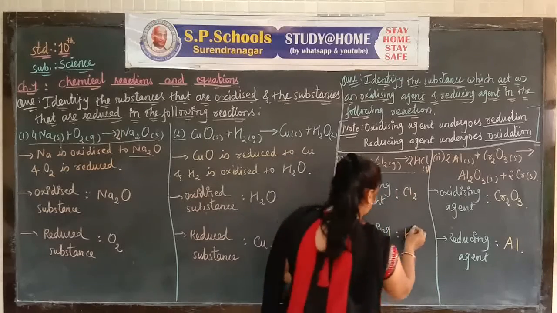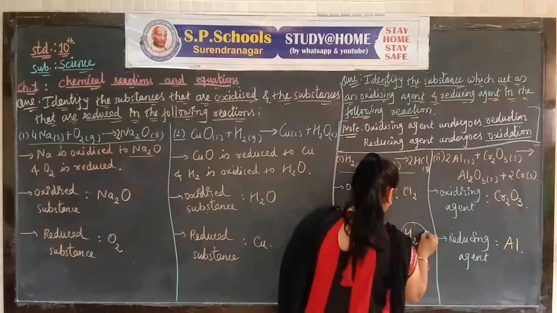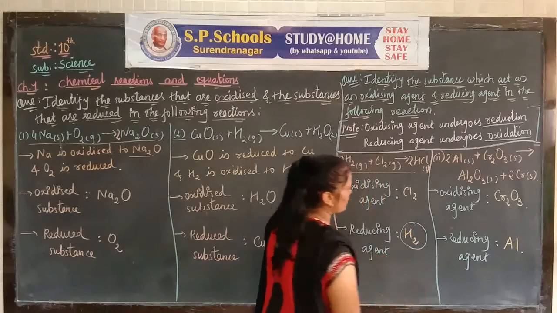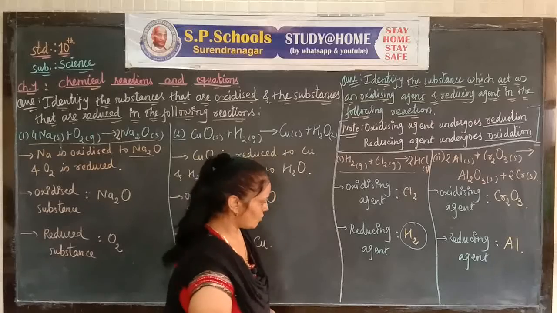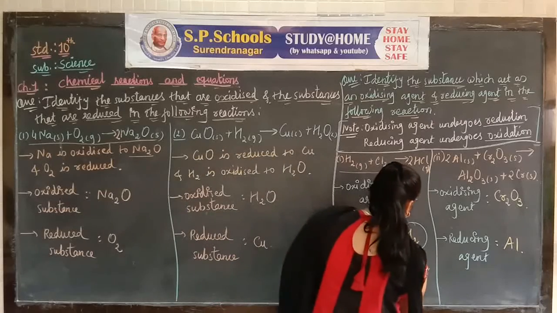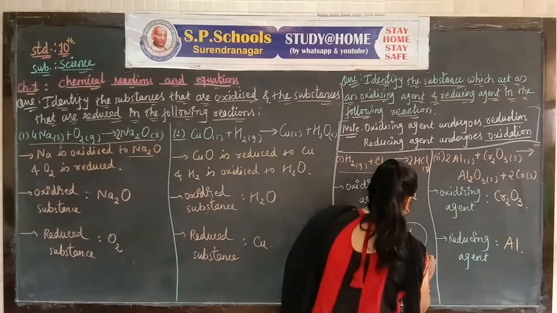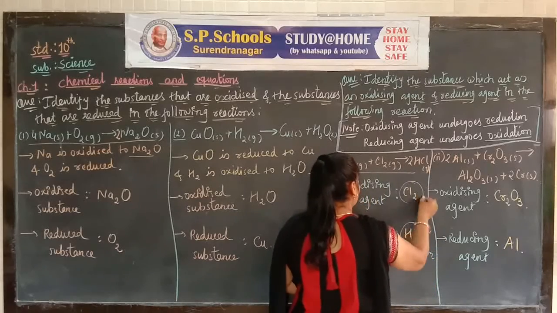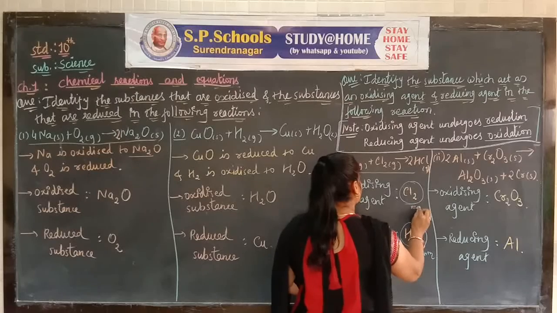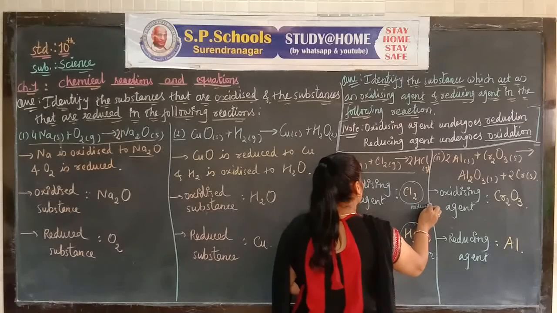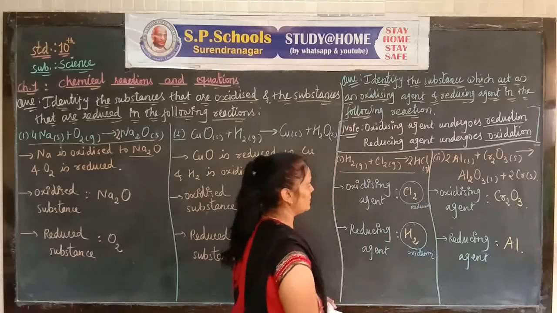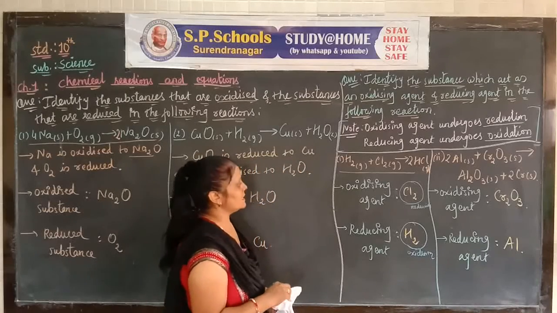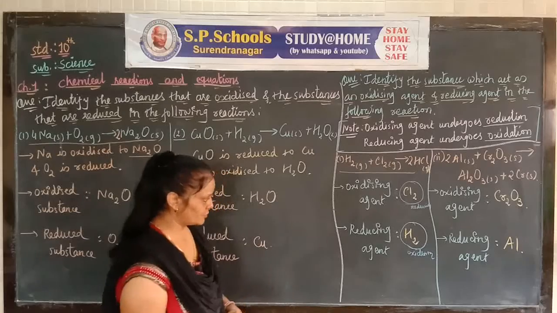So H2 undergoes the process of oxidation, and here Cl2 undergoes the process of reduction, but we want both agents, the oxidizing agent and reducing agent.